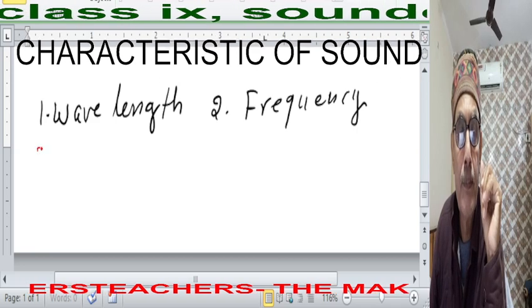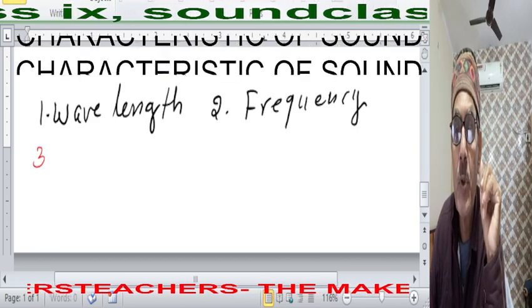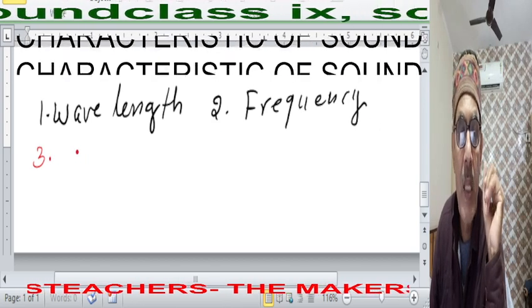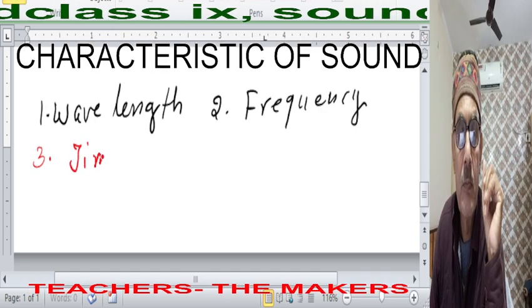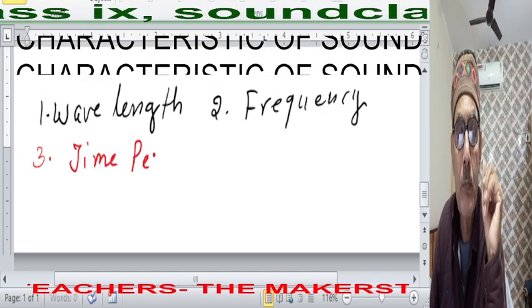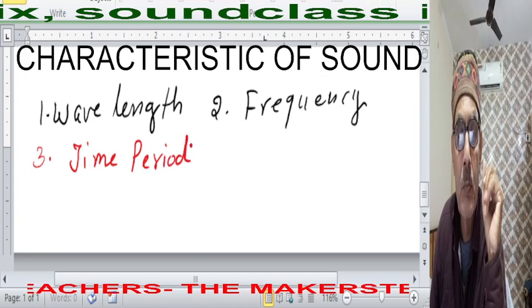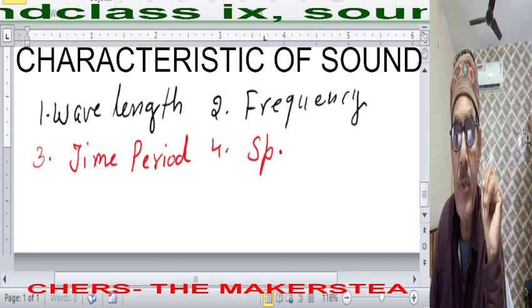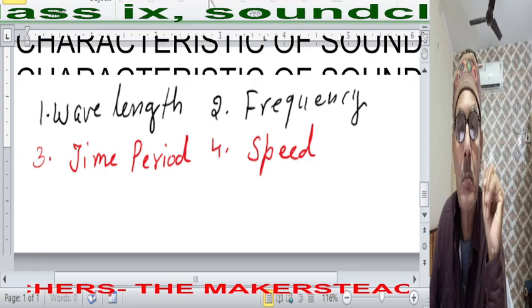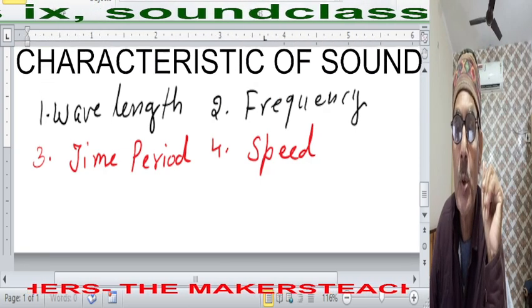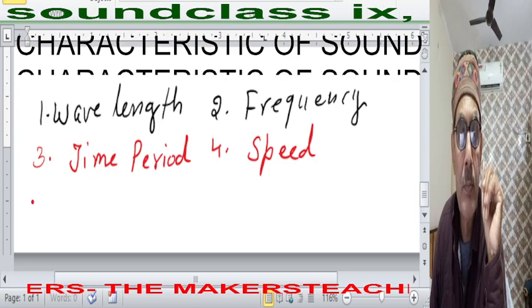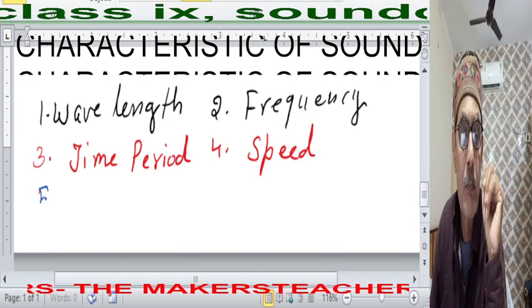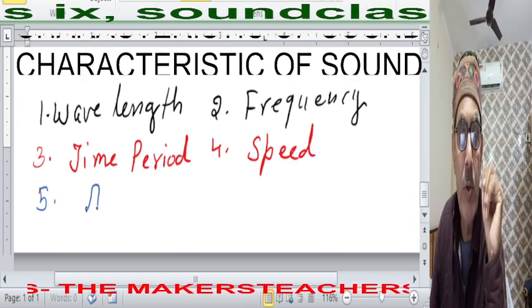then time period, then speed of sound waves, and then amplitude.